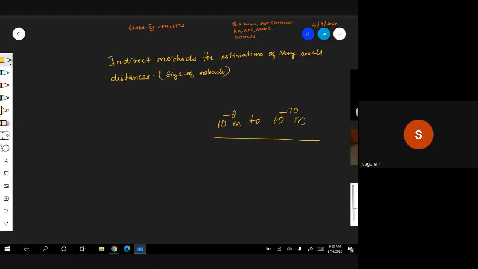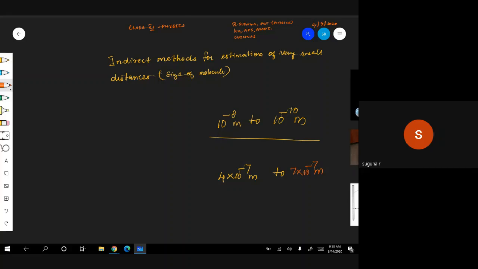Violet is 4 into 10 power minus 7 meter, that is 400 nanometer, and it goes up to around 7 into 10 power minus 7 meter.